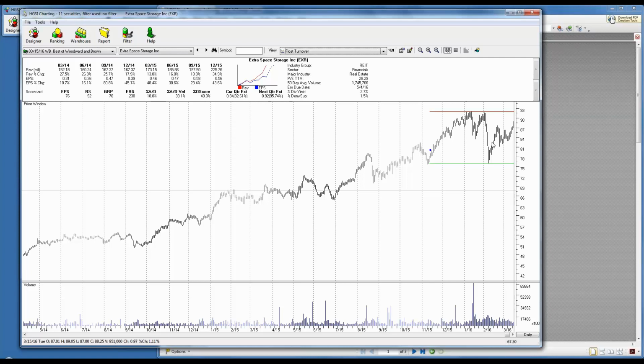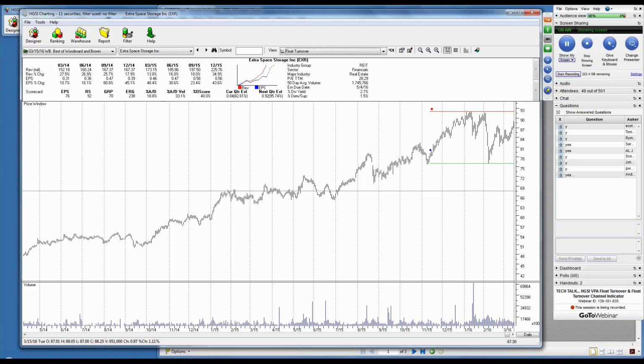The most important part of the float turnover is actually this length right here. The width of this bar is the turnover starting with the last day going backwards.